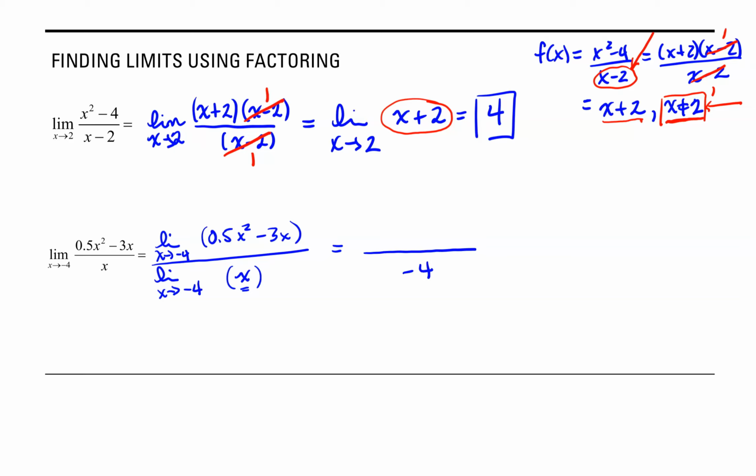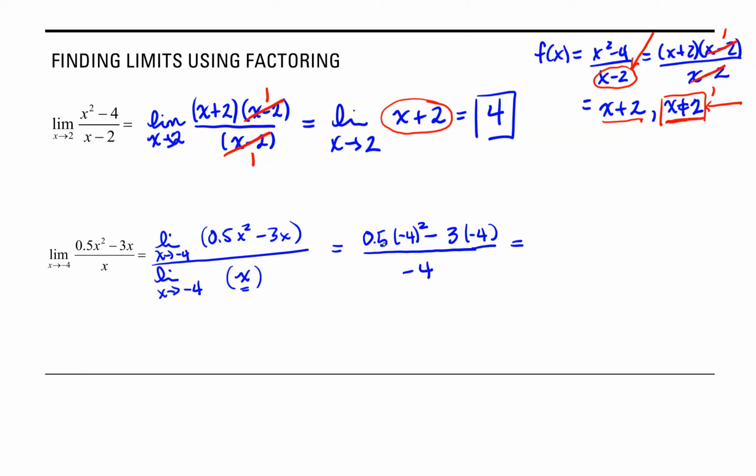And then if I look at my numerator here, as x approaches negative 4, this 0.5x squared will approach 0.5 times negative 4 squared, and this minus 3x will approach minus 3 times negative 4.